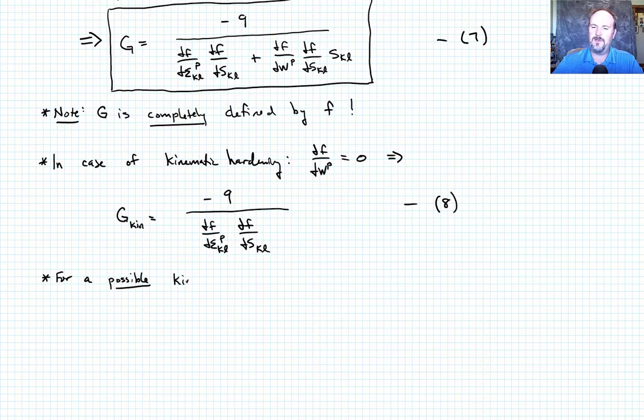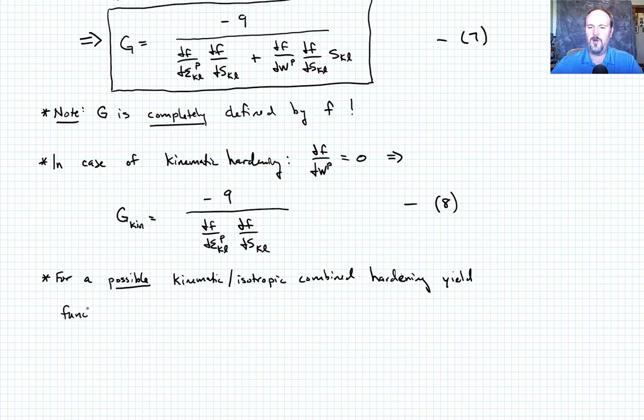So for a possible combined kinematic isotropic hardening yield function, we might try something that looks like this.